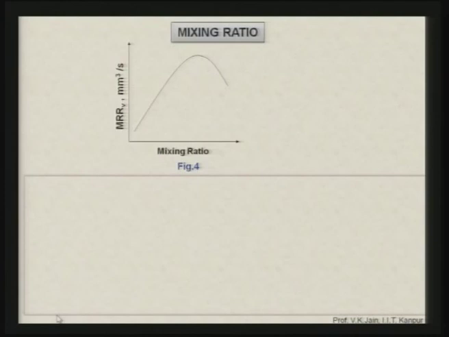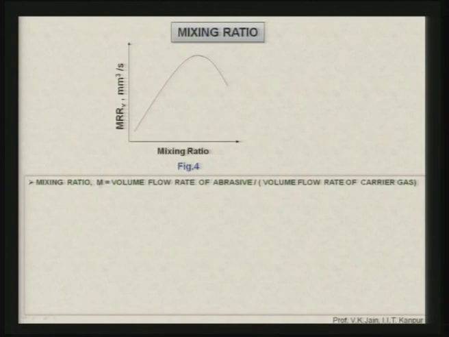Then there is another parameter, the mixing ratio. Mixing ratio M is given by the volume flow rate of abrasive particles divided by the volume flow rate of carrier gas. This decides the mixing ratio, and you can see as the mixing ratio increases, the volumetric material removal rate in cubic millimeter per second also increases, and there is an optimum value beyond which it starts decreasing.